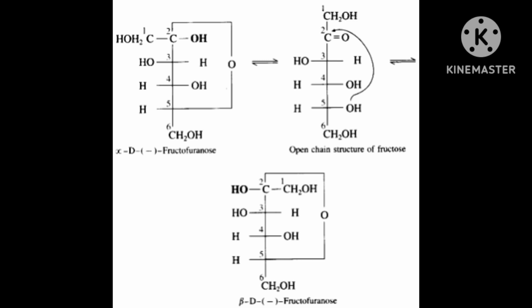Then here again you will see the correct structure of fructose in open form. Here also we will get a ring, but I am telling the open structure first. Here at carbon number 3, the OH is at the left side.